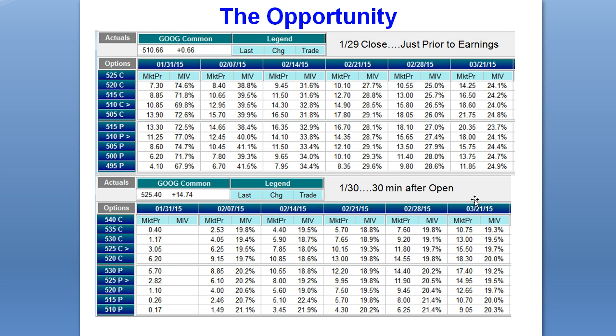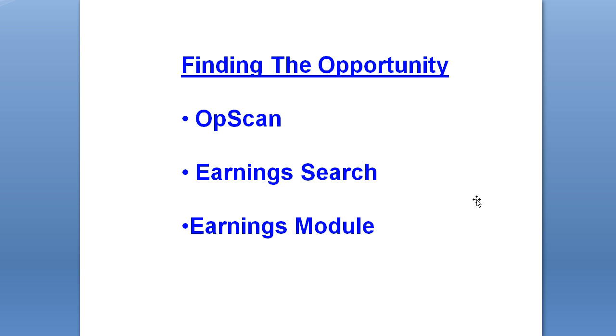Yes, it's going to drop in MIV, but it will hold its own far better than the front, and so a calendar spread will take advantage of this volatility skew snap effect. So when we go and look for opportunities, we want to find situations where the front expirations have much higher implied volatilities than the distant expirations. Okay? So let's go look at finding the opportunity here.